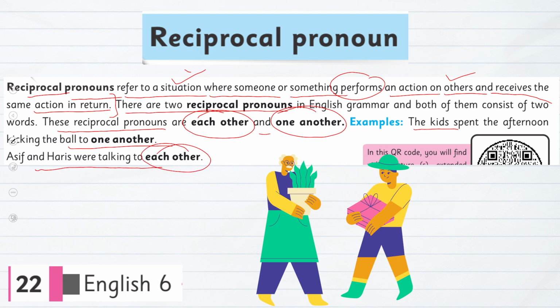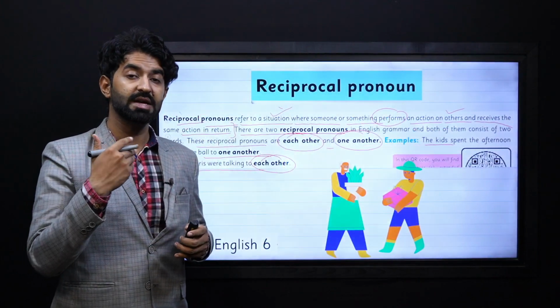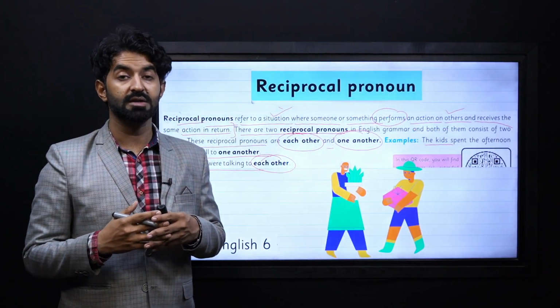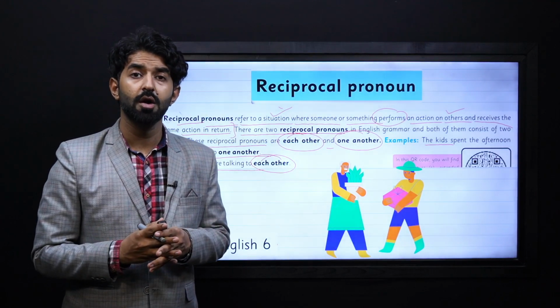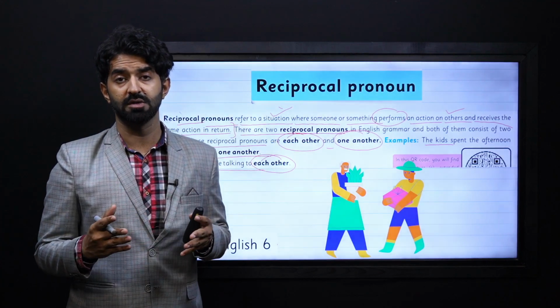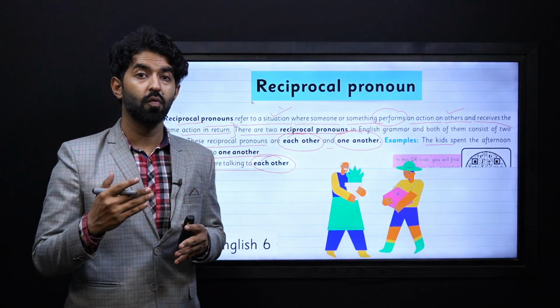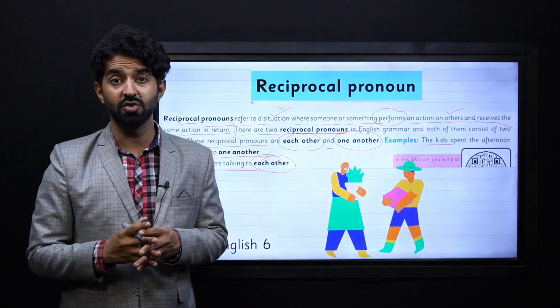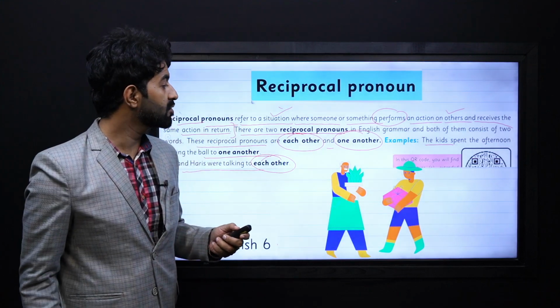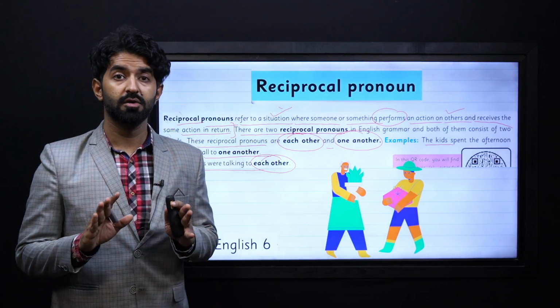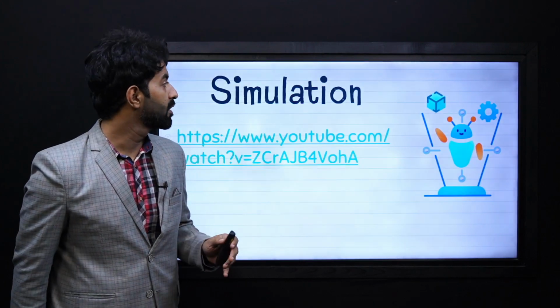Since the action is both sending and receiving and it is the same, we use each other. When there are more than two people involved, we use one another, and when there are just two of them, we use each other. So these are the two different reciprocal pronouns.